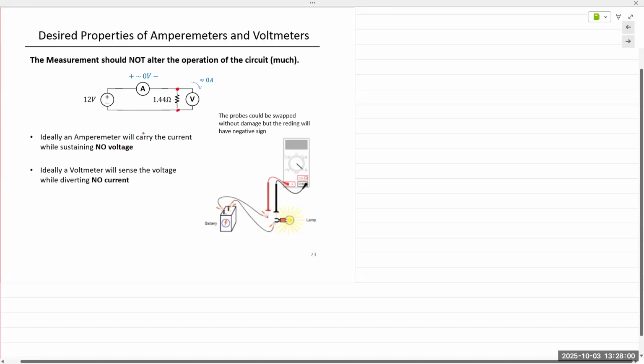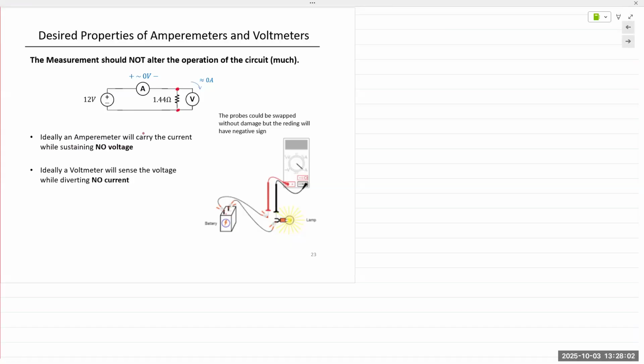Now, expected polarity would be, because this is a source, current flows in this direction, makes its way around, goes through the resistor, and comes back out this way. So the point of entry of the current through the resistor is at the top. So it'd be plus and minus this way.